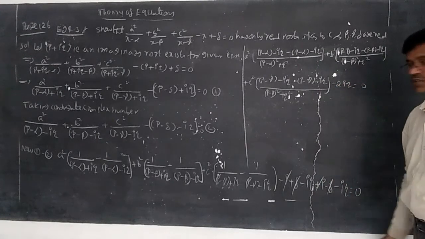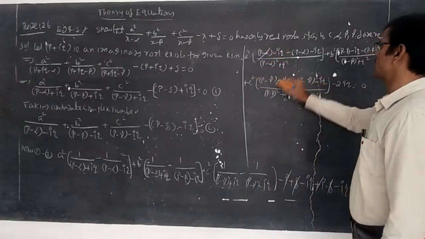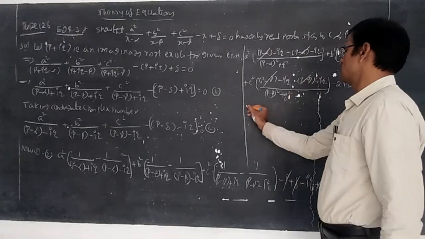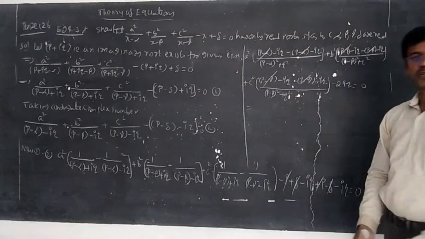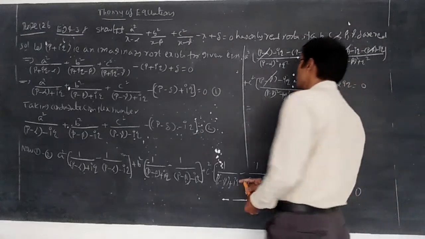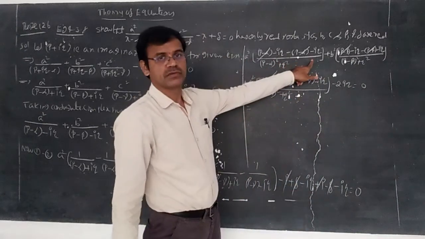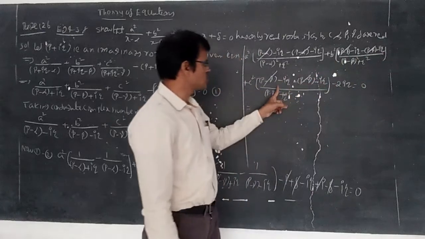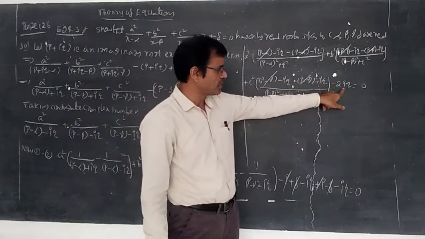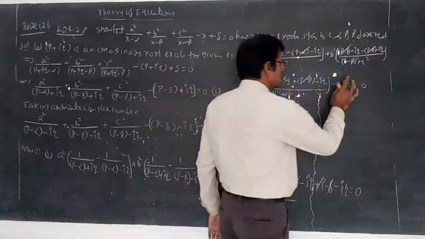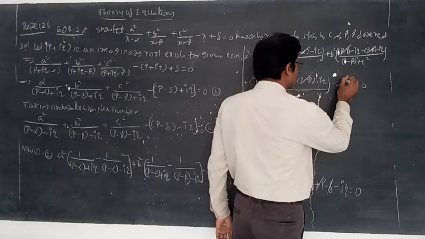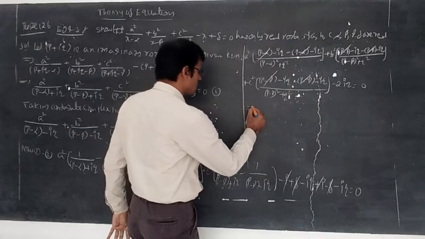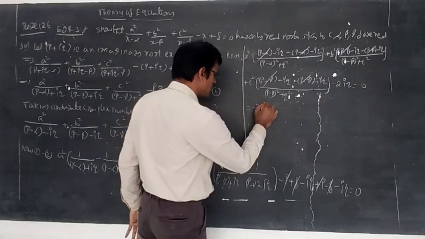Total is equal to 0. Now the p minus alpha, p minus beta, and p minus gamma terms get cancelled. You get minus 2iq here, minus 2iq here also, and minus 2iq here also. This is not p, this is i, minus 2iq. So for all 4 terms, take a common minus 2iq.